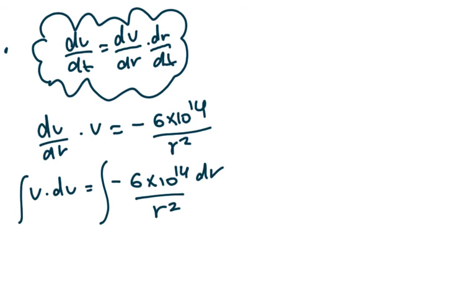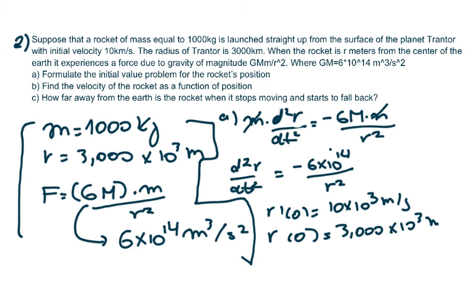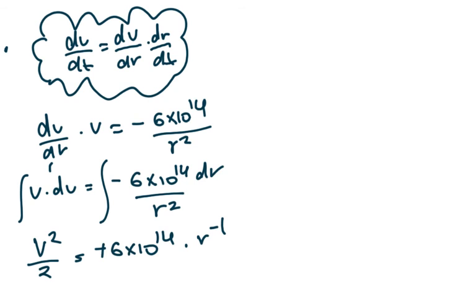Let's go ahead and integrate both sides. So we have v squared over 2, and then here we have negative 6 times 10 to the 14th. Here we are going to have negative 1, this is going to change to positive. I am simply taking the integral, so we get plus C. As I was saying before, you can add the constant either on one side or the other, or even in both sides.